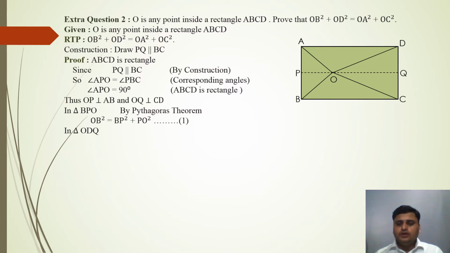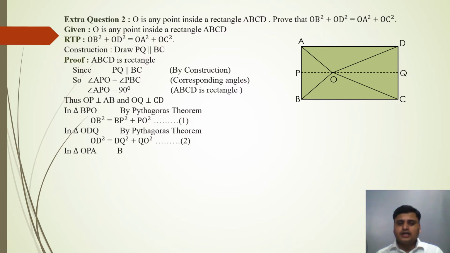Now in triangle ODQ, again we will use the Pythagoras theorem: OD square is equal to DQ square plus QO square, and assume this one as equation number 2.